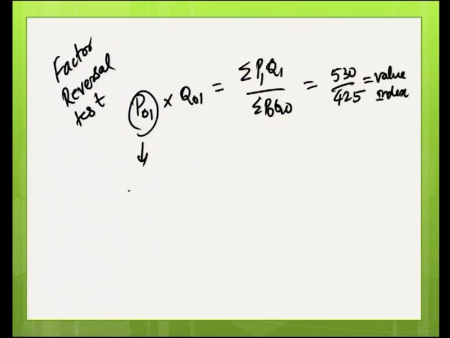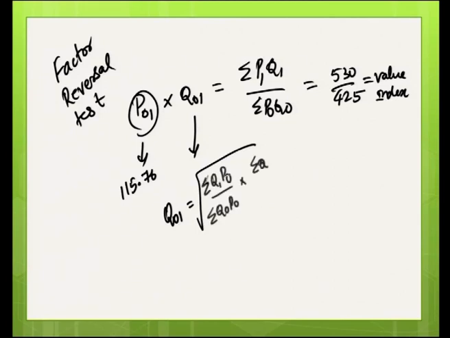P01 is 115.76 and Q01 is calculated as the root of summation Q1 P0 by summation Q0 P0 into summation Q1 P1 by summation Q0 P1 into 100, and this is equal to 107.73.